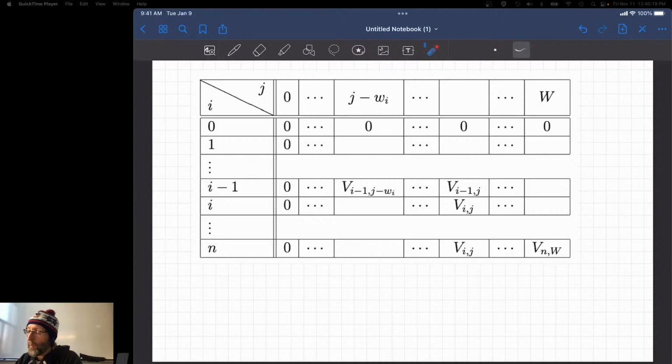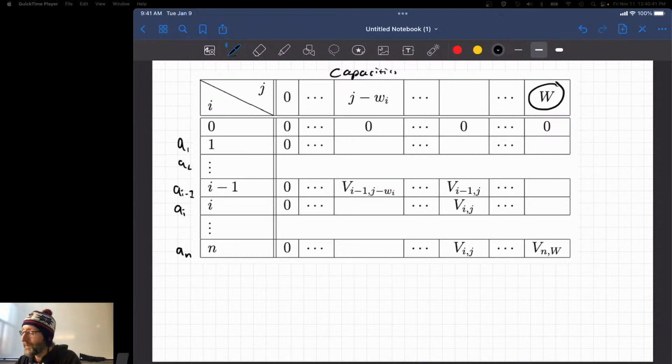Otherwise, they run from 1 up to n on i, right? Because you are taking items a1, a2, dot, dot, dot. This is item ai minus 1, ai, and then item an. These are weight capacities, right? So these are capacities. And they run up to W over here, okay?